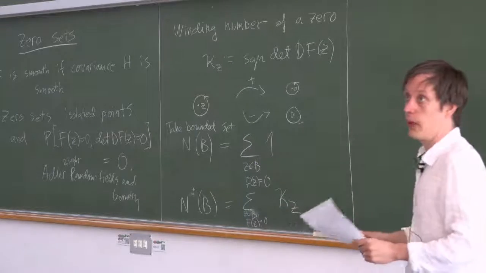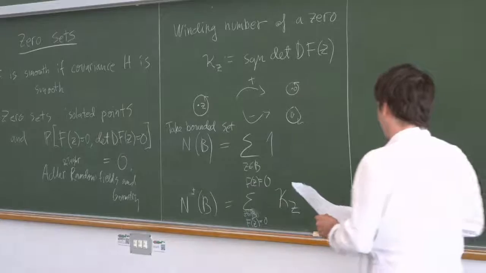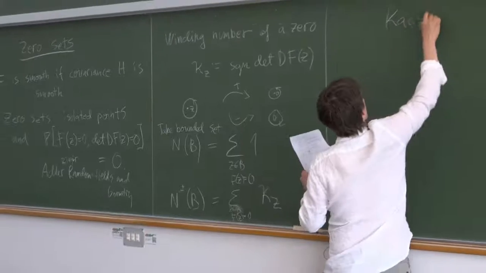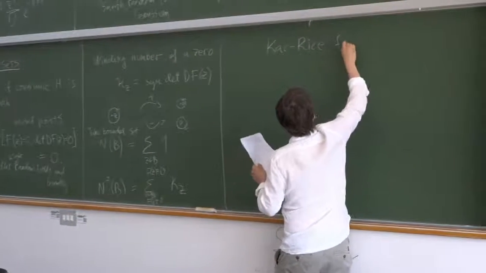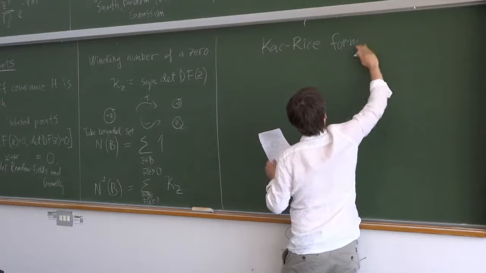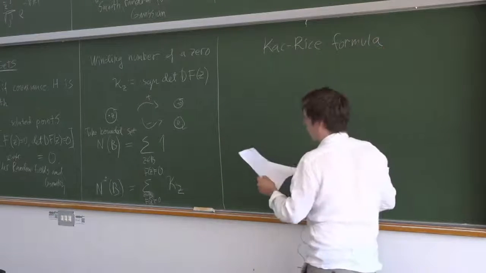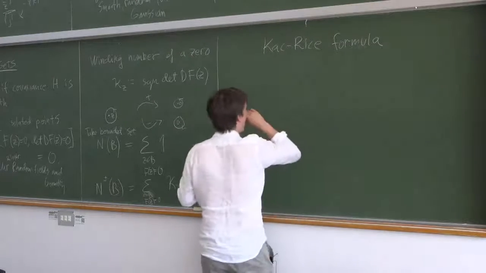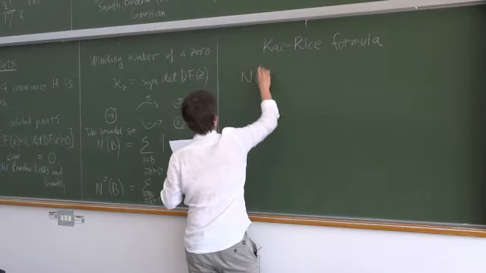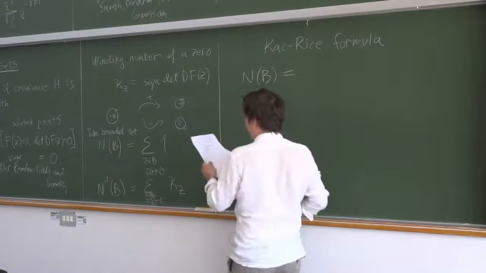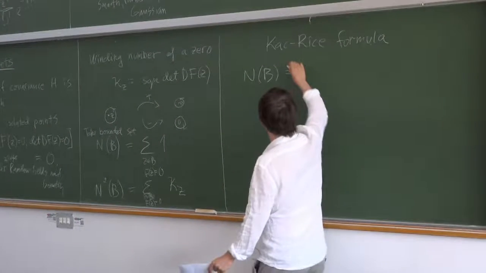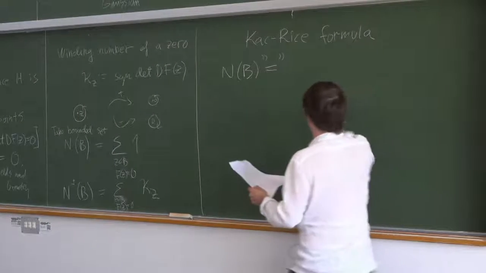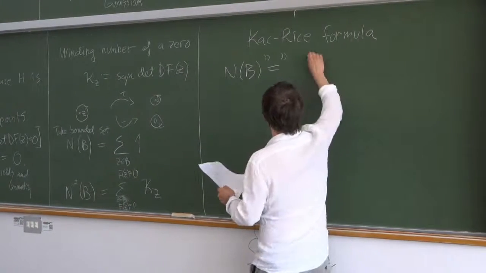So we want to study these random variables for some sets B. And the standard way to get some information is the so-called Kac-Rice formula. I think Günther talked about this stuff last week. I just tried the very heuristic versions. I put quotations here because what is going to be on the right hand side is maybe not very well defined.